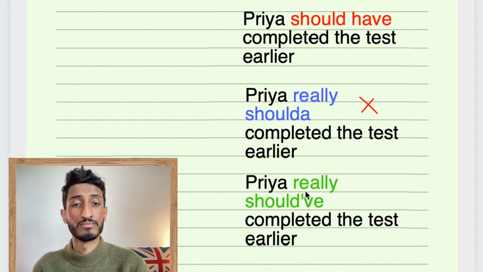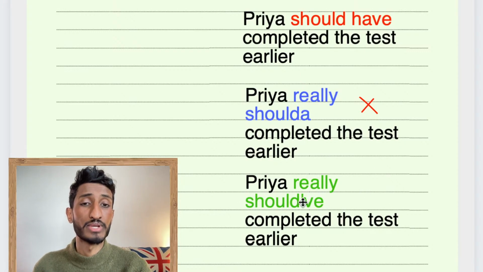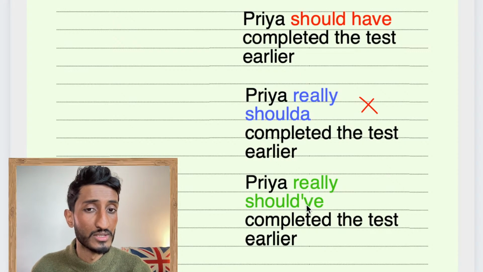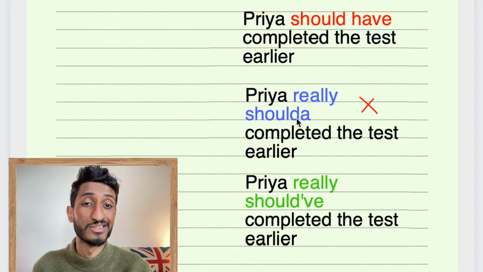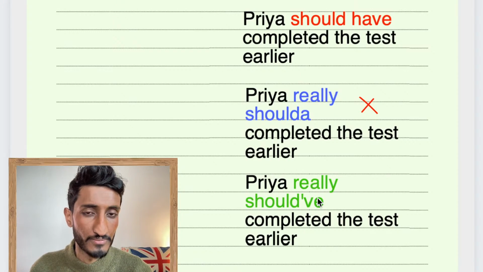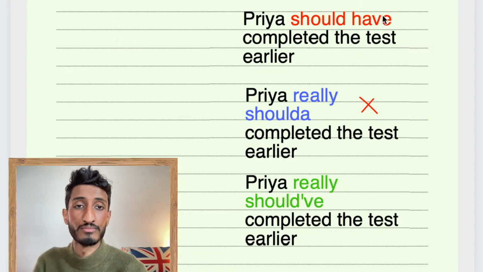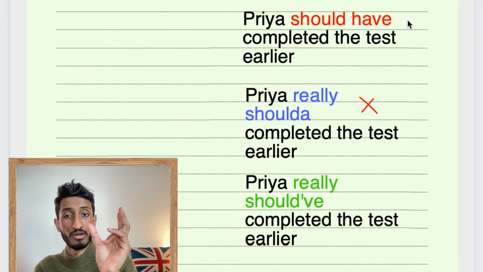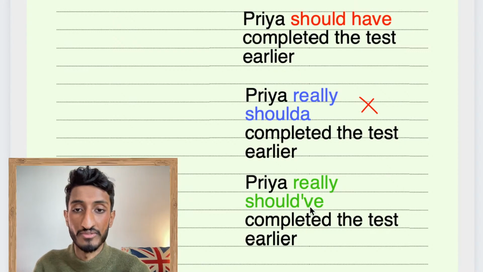So this one, really should have, really should have, really shoulda, really should have completed the test earlier, really shoulda, really should have, should have. How about you repeat after me? So try should have, really should have.